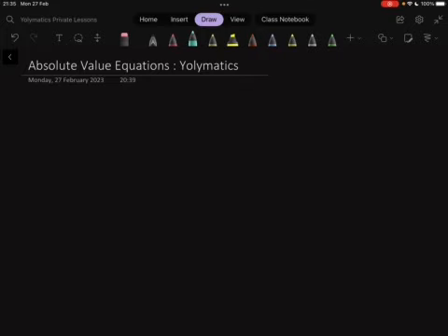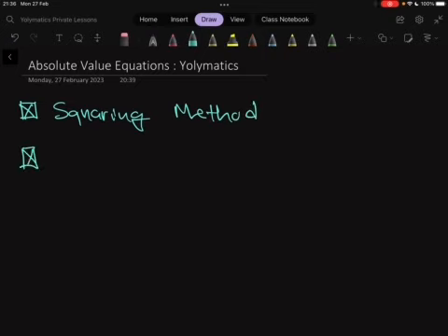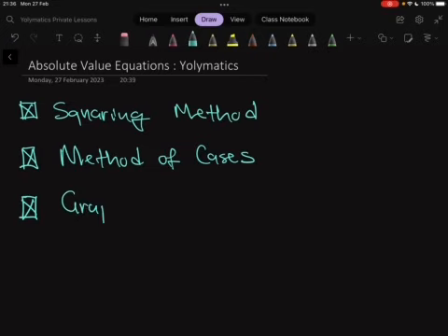To list some of the common techniques, we have what we call the squaring technique, or which we can simply refer to as the squaring method. And then we have what we call the method of cases. And then also the other thing that we have is what is known as the graphical method.